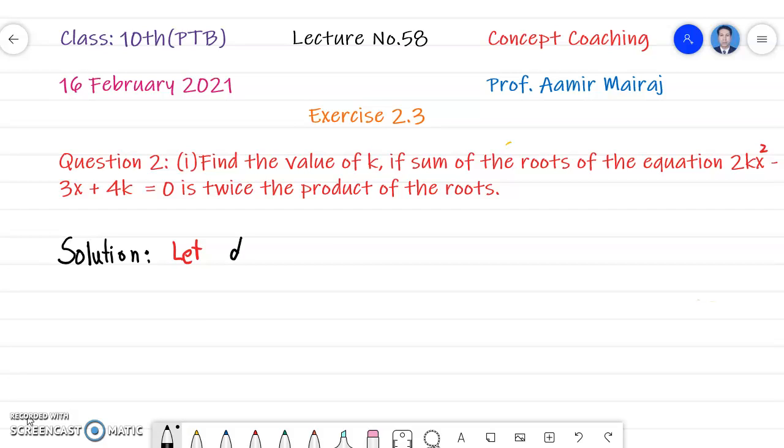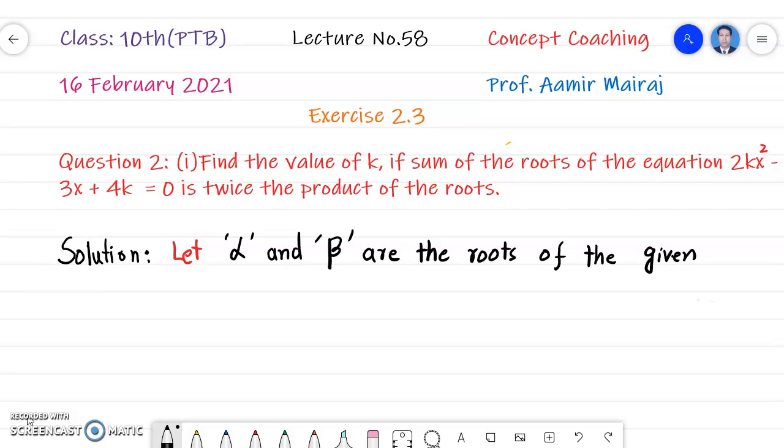तो हम लेट कर लेते हैं, let alpha and beta are the roots of the given equation.